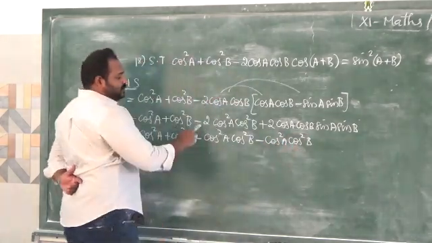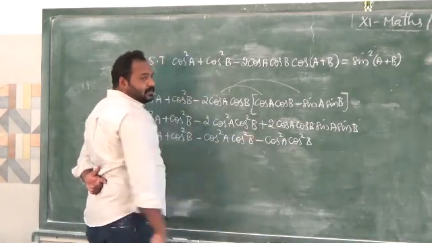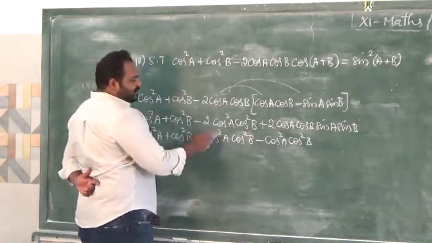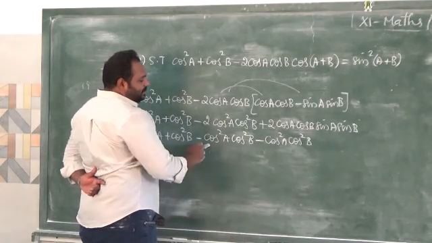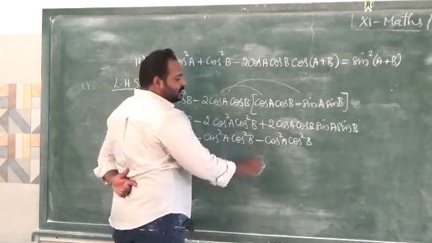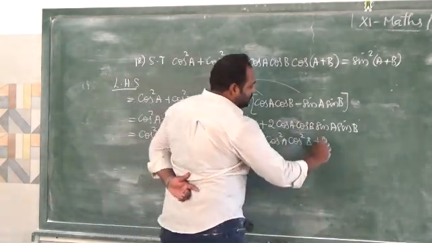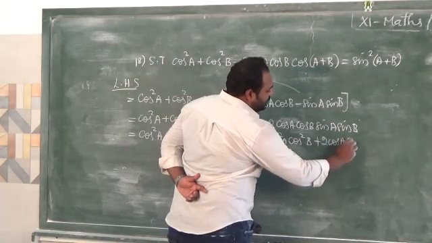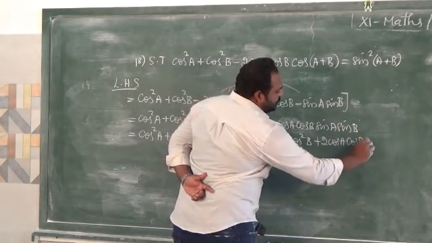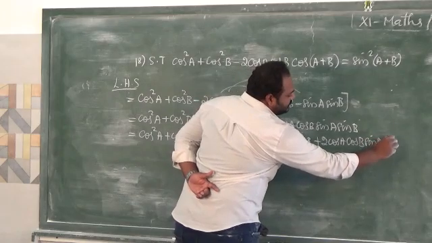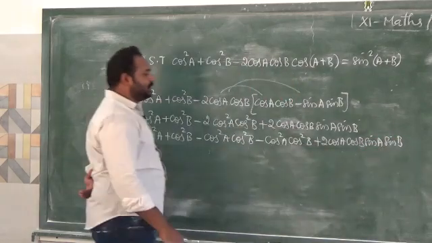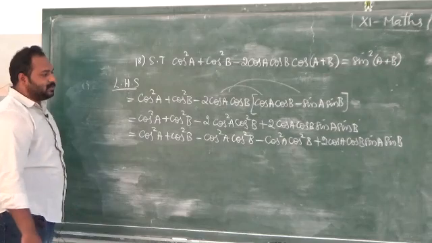So instead of minus 2, I have written minus 1 and minus 1. Next, write as it is 2 cos A cos B sin A sin B.